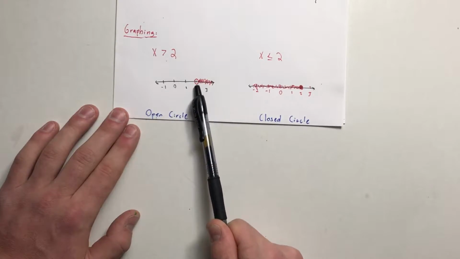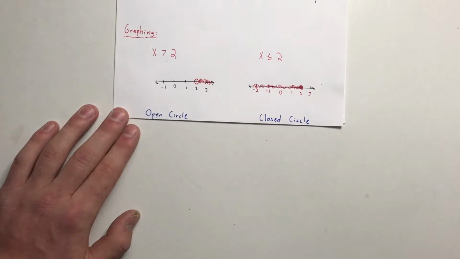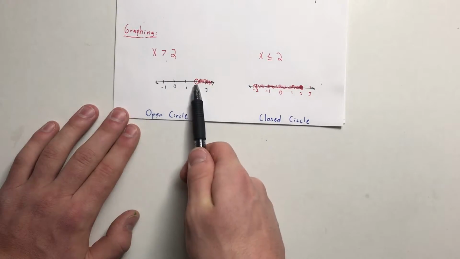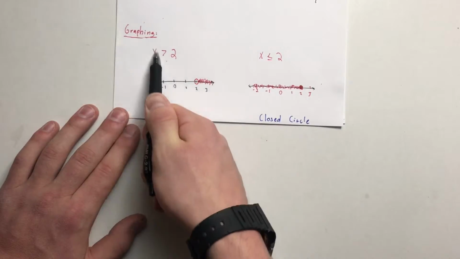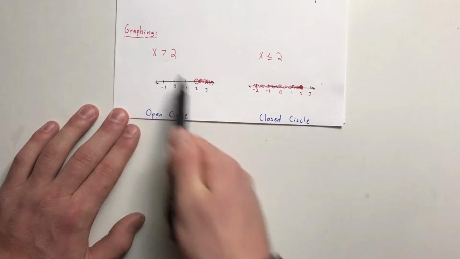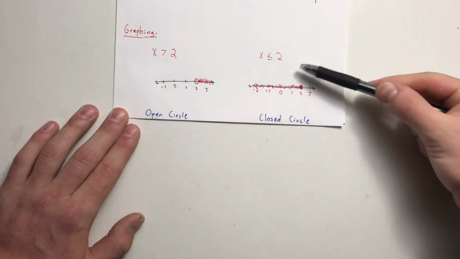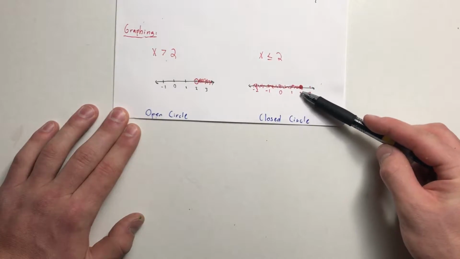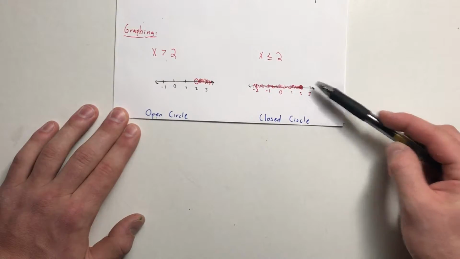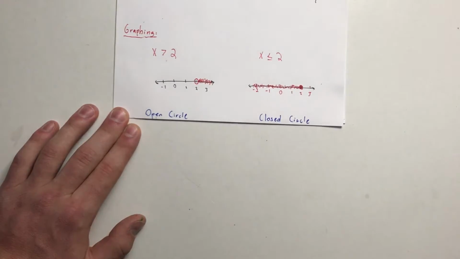This means that 2 is not included in the solution for this inequality. So anything to the right of 2 is a solution to this inequality, but the number 2 itself is not. However, if we have an equals, so we have this little line, we use a closed circle or a filled in circle, meaning that 2 is included in the solution to this inequality.